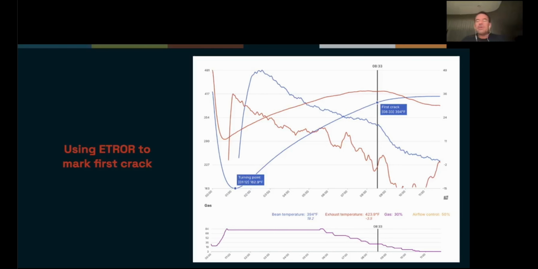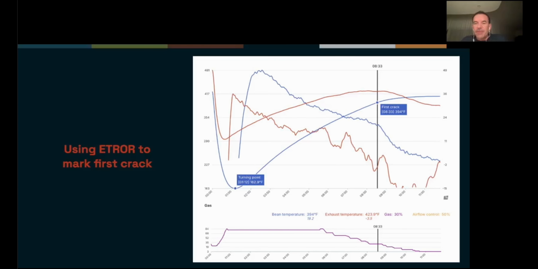Okay, so there's two questions. One is, how do I predict first crack? And the other is, what if first crack doesn't seem to occur? So in most machines, if you turn on the environmental temperature ROR curve, you can see the beginning of first crack in the data. You'll see some 1 or 2 or 3 quite large drops and rises in the ET ROR.